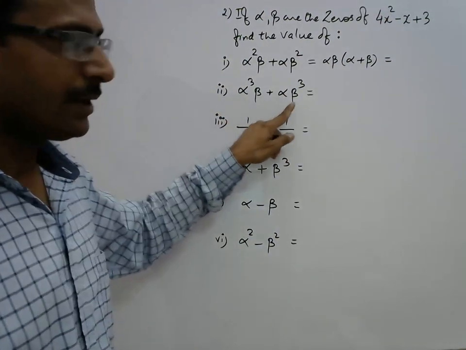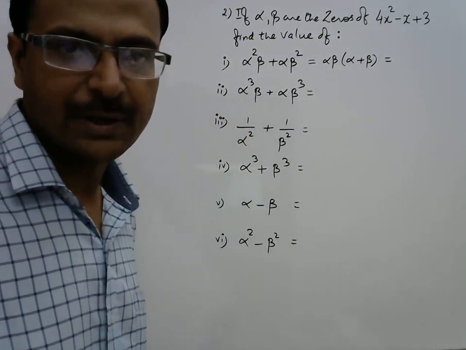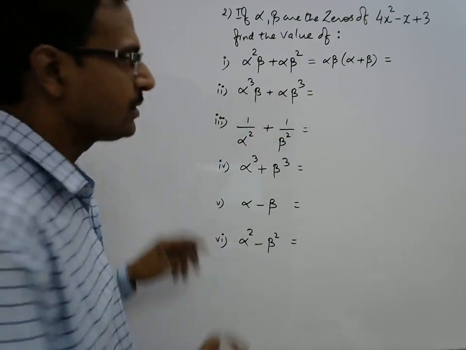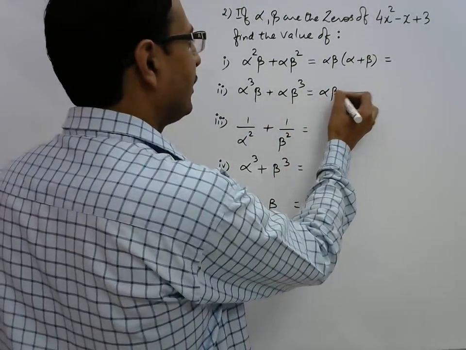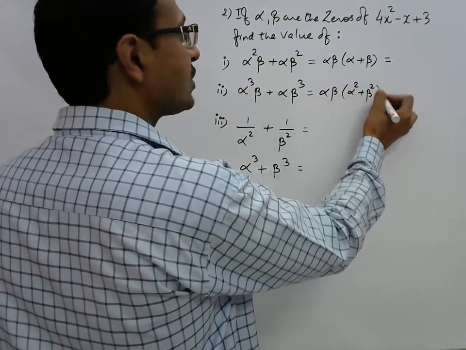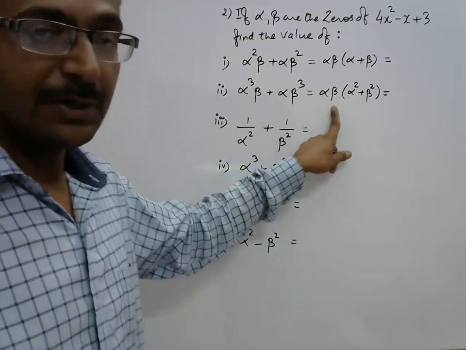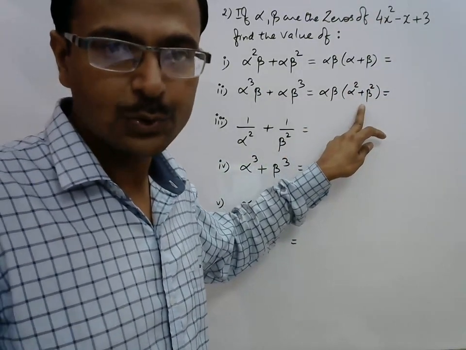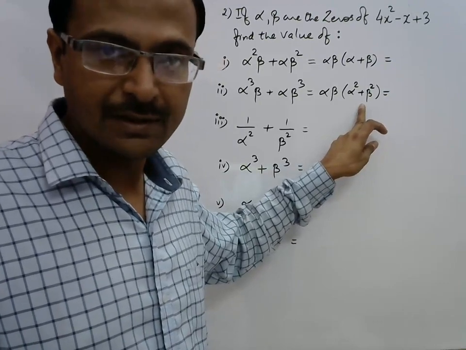Now in the second part, I am just giving you hints. The answers will be calculated by you. In the second part, again you have alpha and beta common. So if you have alpha and beta common, then you get alpha square plus beta square. Now still this is not in the form of alpha beta and alpha plus beta. Alpha beta is there, but alpha square plus beta square, again you have to use the formula which you have done in the first question.